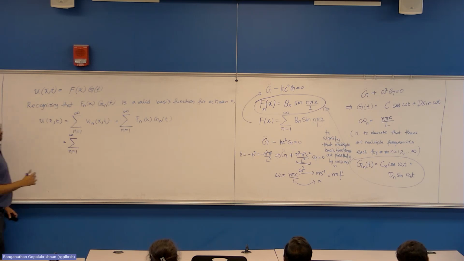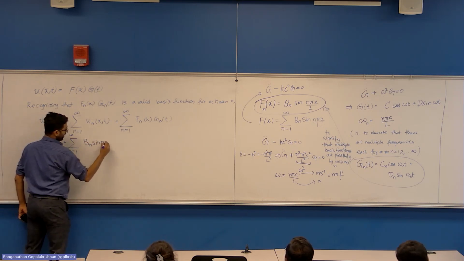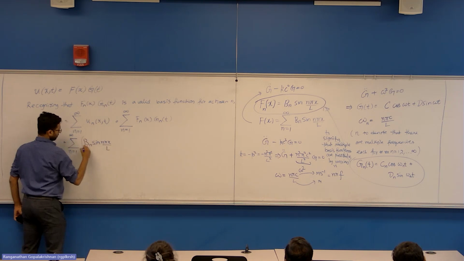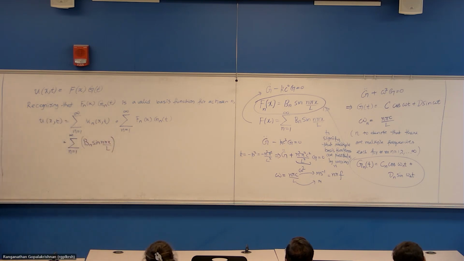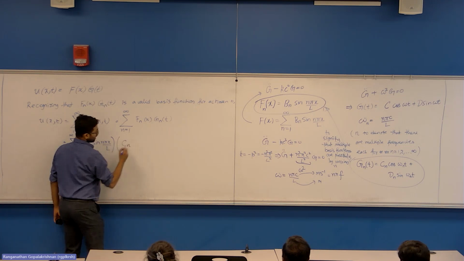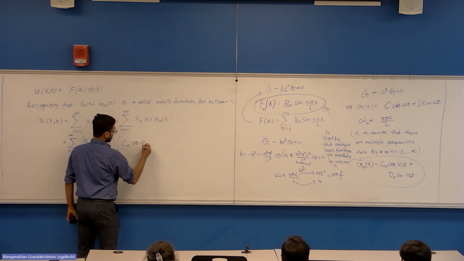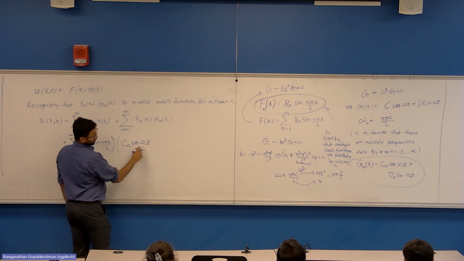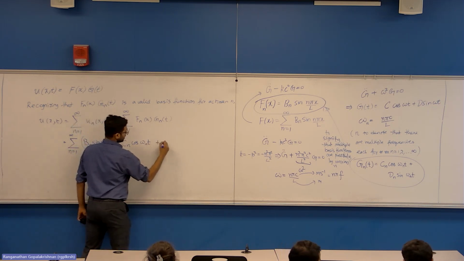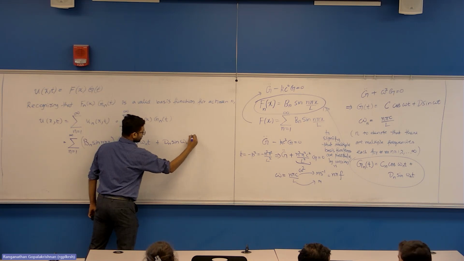What is fn of x? Bn sine n pi x over L. And what is gn of t? That is Cn cos omega n times t plus Dn sine omega n times t.